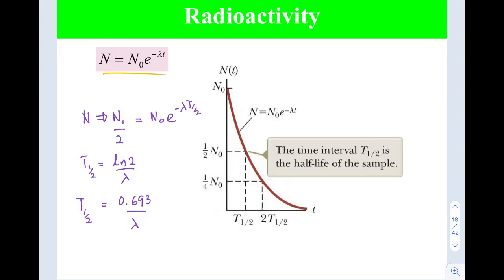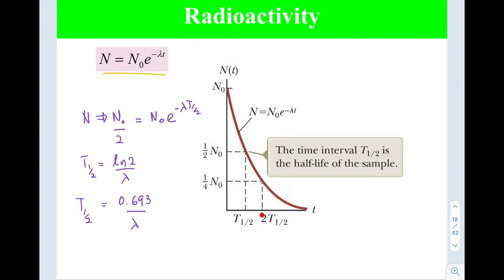Okay, how about this one? For the N here to become half again, in comparison to the N naught, it is 2 times half of it, or 1 over 4 of it. So the time taken is 2 half-lives. That is the meaning of this.